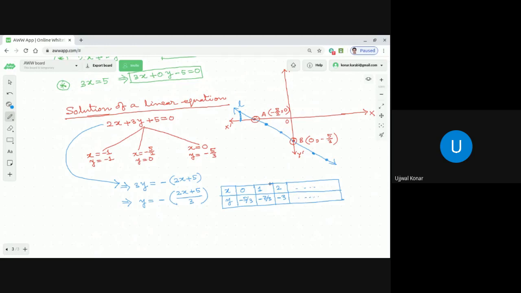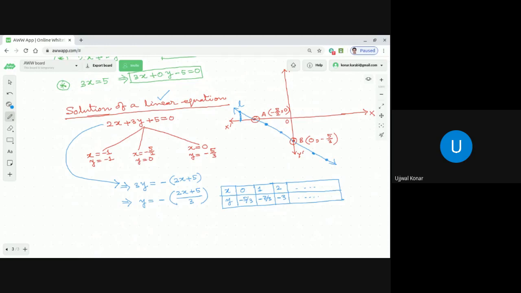Now, why is it called a linear equation? Because if you give a graphical representation of that equation, what you get is a straight line. That is why it is called a linear equation, in two variables, as there are two variables.